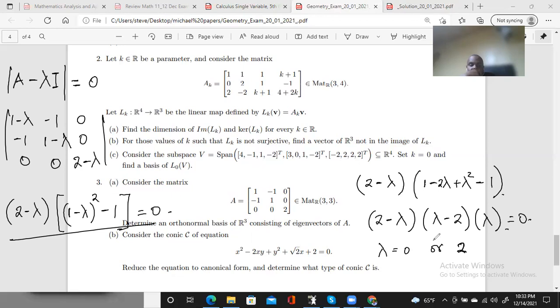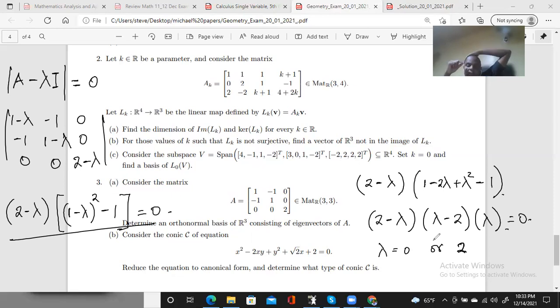Oh wow, you already got it. Lambda equals 0 and lambda equals 2. Did you get that? No. I got a third degree polynomial.